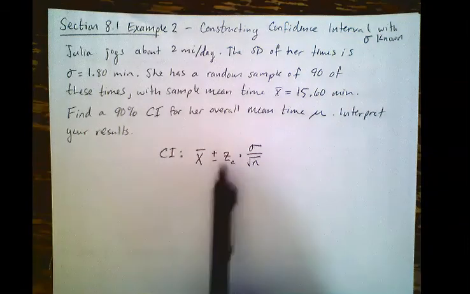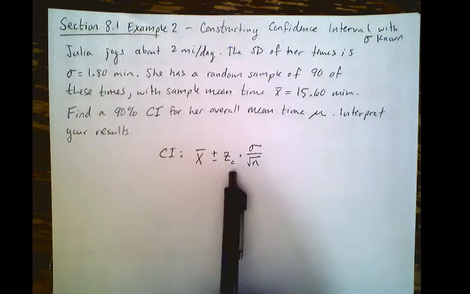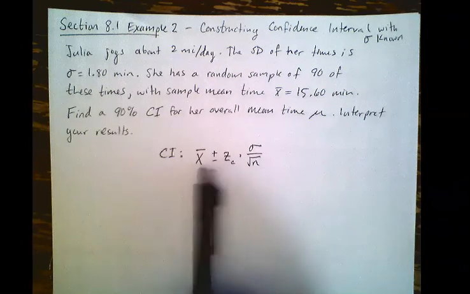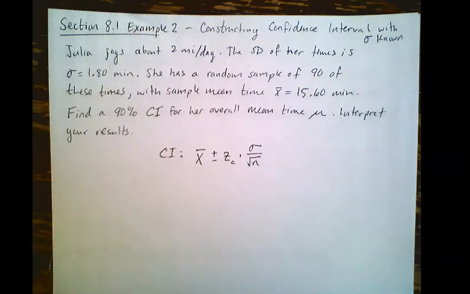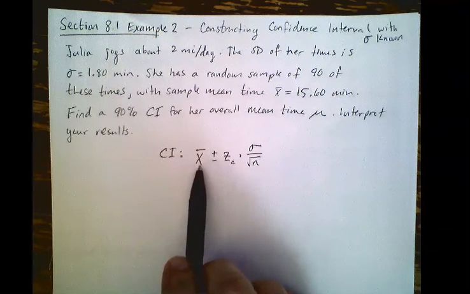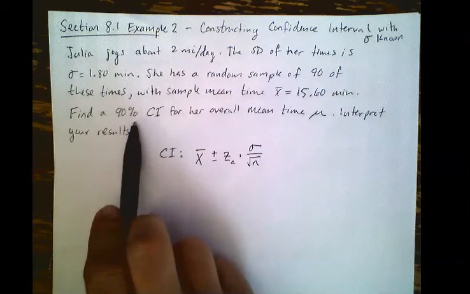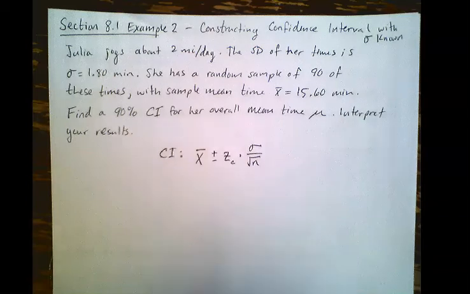So note that this plus or minus is going to give us a range of values between x bar plus z critical times sigma over square root of n and x bar minus z critical times sigma over the square root of n. So what we need to generate are her x bar for her times, the z critical for the 90% confidence interval, sigma, and our sample size, right?